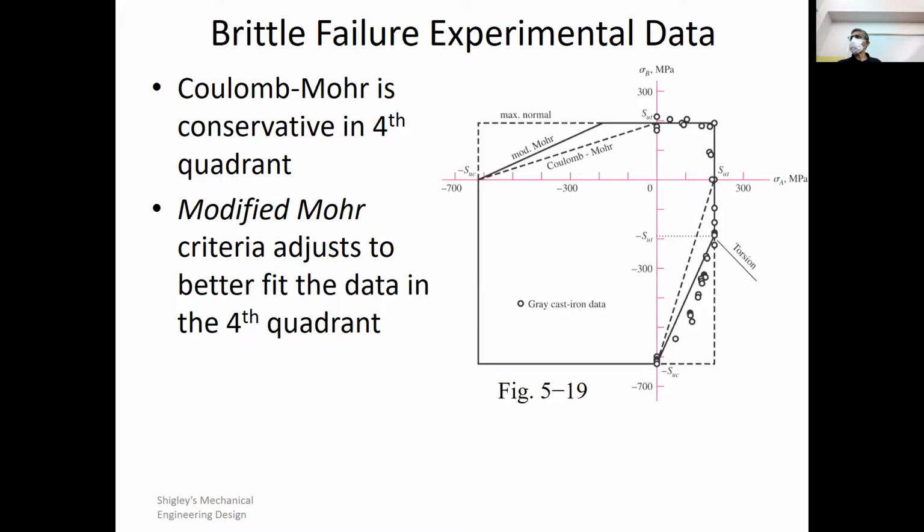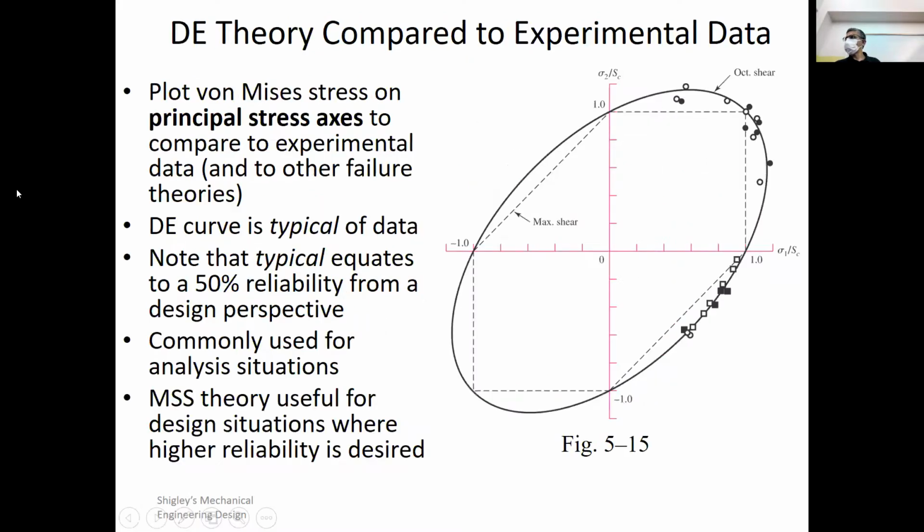Okay, I want to come to brittle failure experimental data. So the conservative method is the Coulomb-Mohr. And basically, with the Coulomb-Mohr, and maybe I should also show that here, for the ductile material, you notice that these lines where the limits are are the strengths of the material.